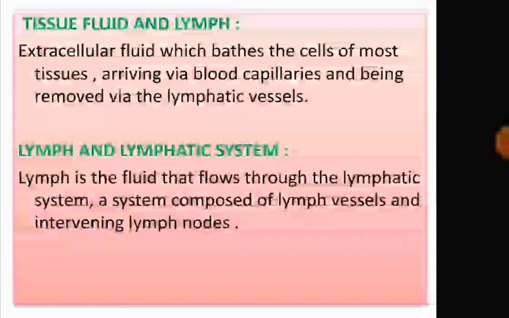Next, lymph and lymphatic system. Lymph is a fluid that flows in the lymphatic system, which is composed of lymph vessels and intervening lymph nodes. Lymph is actually a clear white fluid made up of WBCs, especially lymphocytes, the cells that attack bacteria in the body.